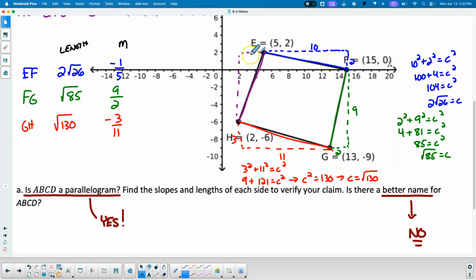Let's see, this is 3 there and 8 there. So what was that? EH, HE?